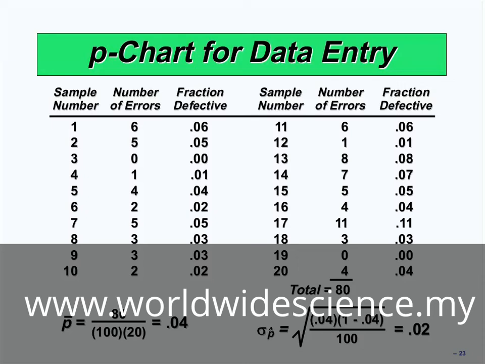The sample size is 100. N equals 100. It means that in each sample, or in each hour, 100 products have been selected by the operation manager.